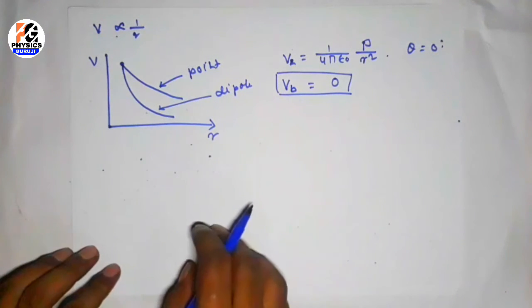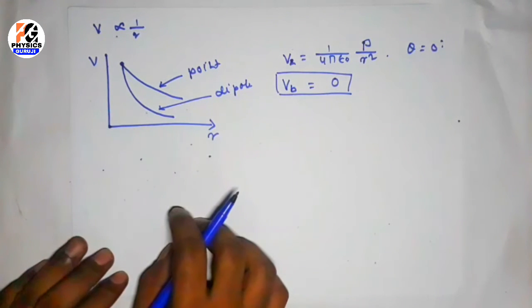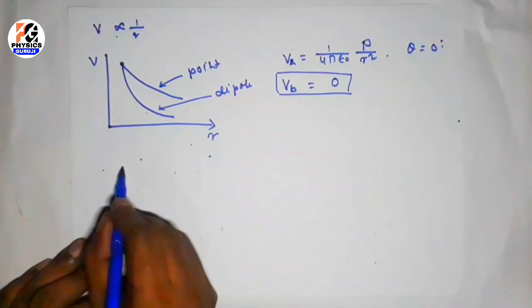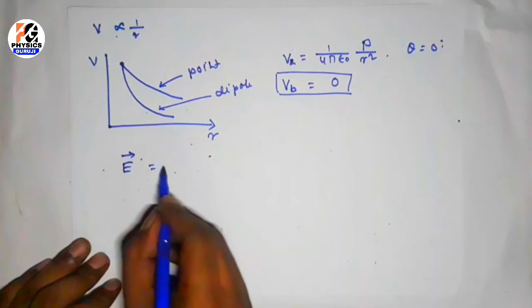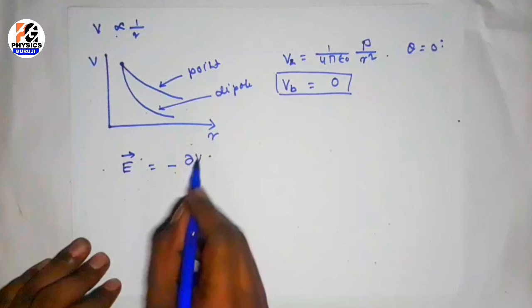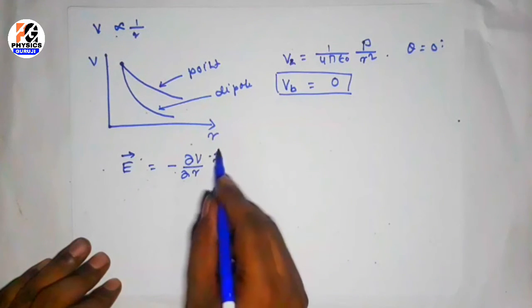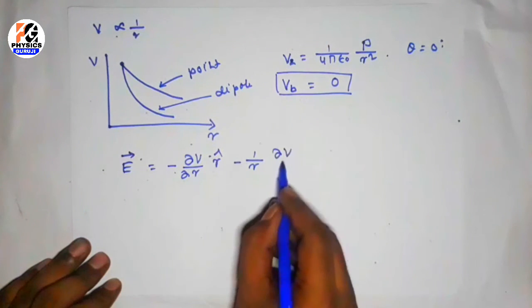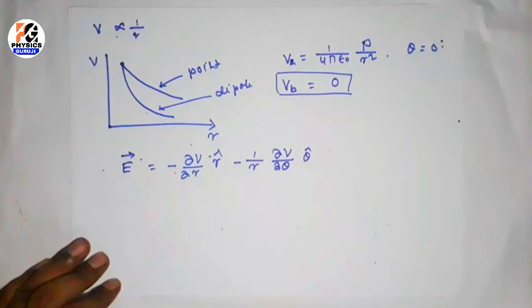Also, one point to note here is that you can find the electric field from the potential. The process to find electric field from potential is E equal to minus del V del r r cap minus 1 by r del V del theta theta cap.